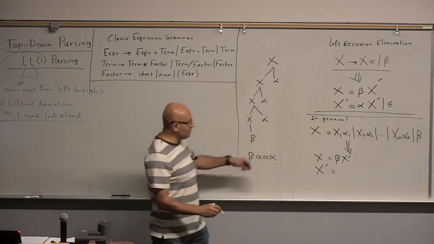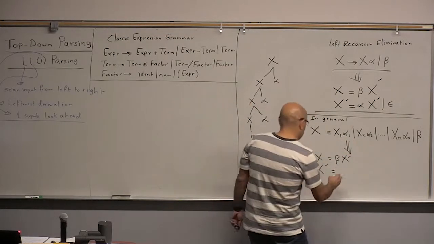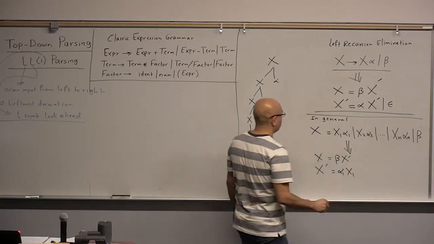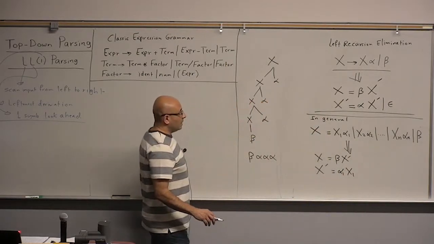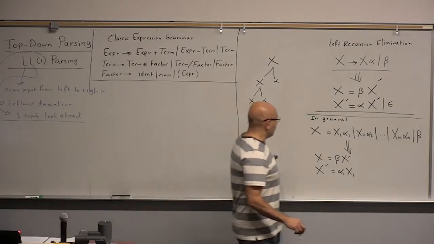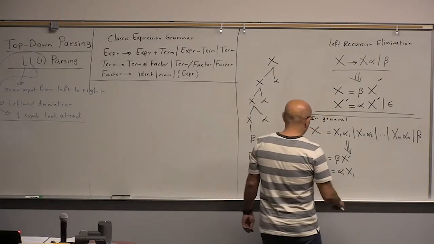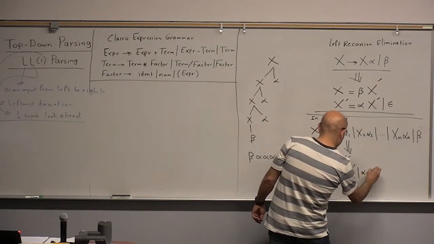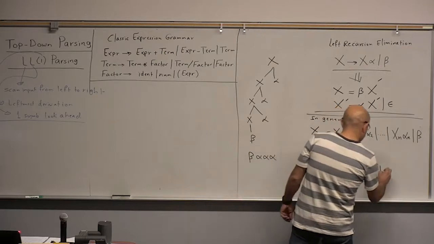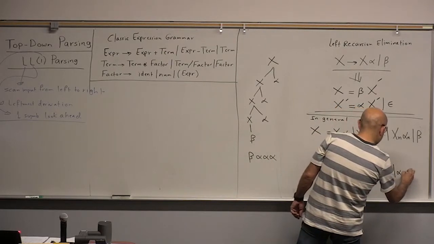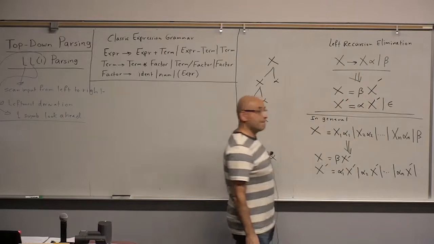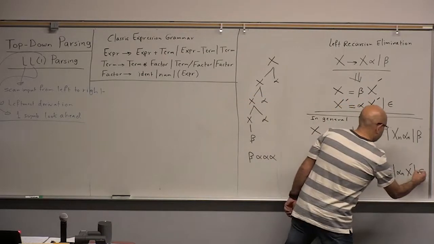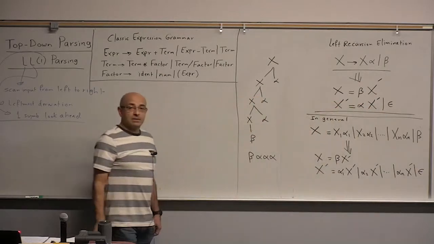So we'll just do the same thing for each one of them. So x prime is going to be alpha 1 x prime or alpha 2 x prime or alpha n x prime or epsilon.